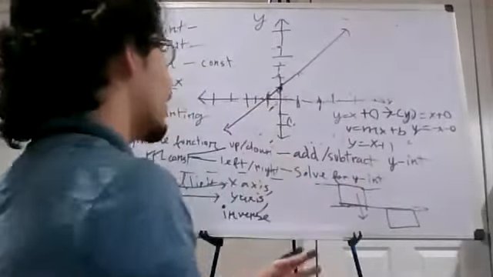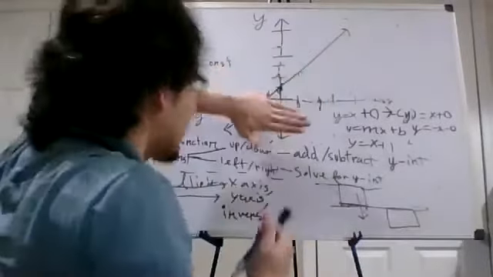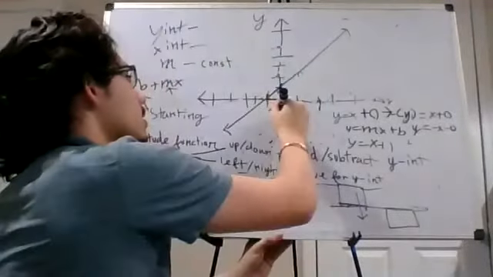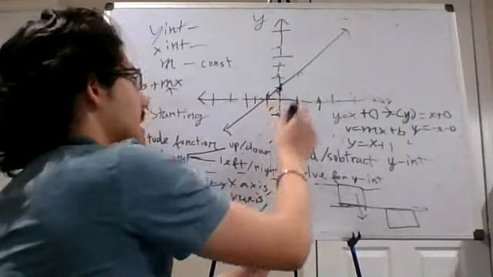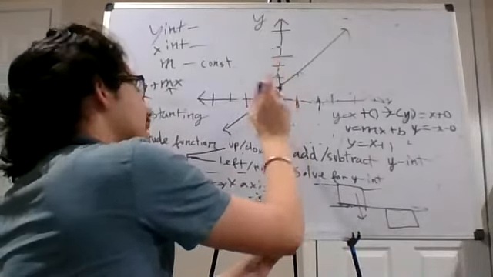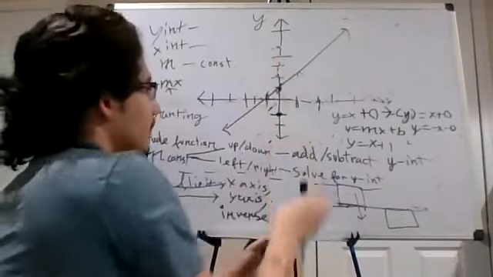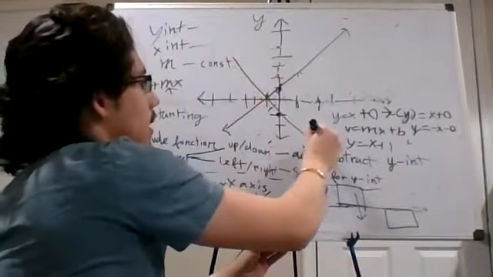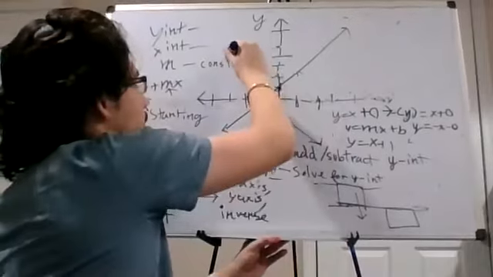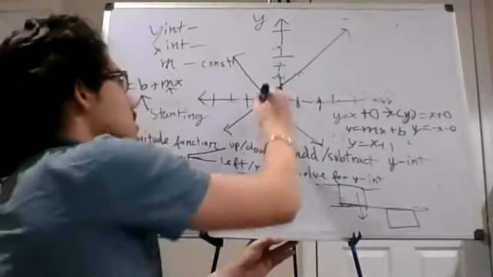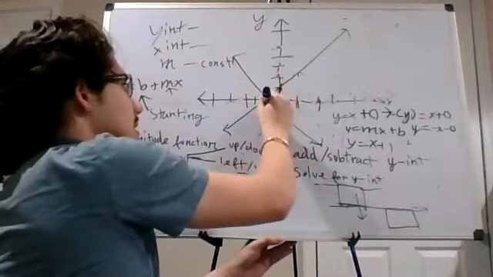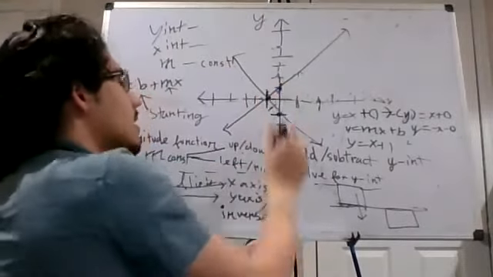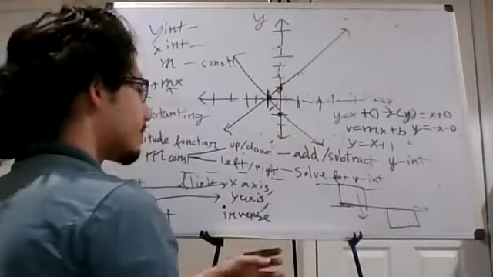If we flip this over like that, then the new y-intercept will be at -1, and the slope would flip over. So the x-intercept will stay the same, but the y-intercept will change.